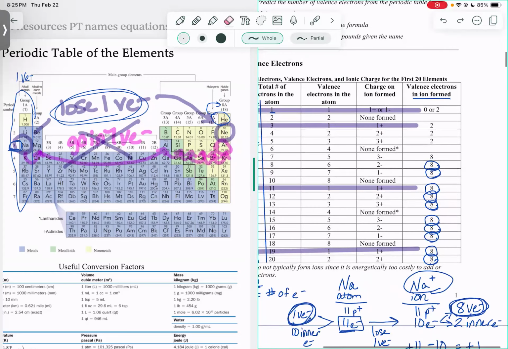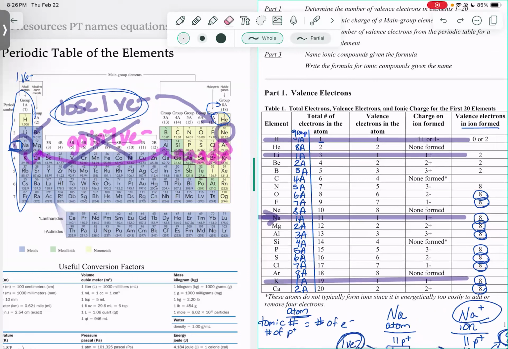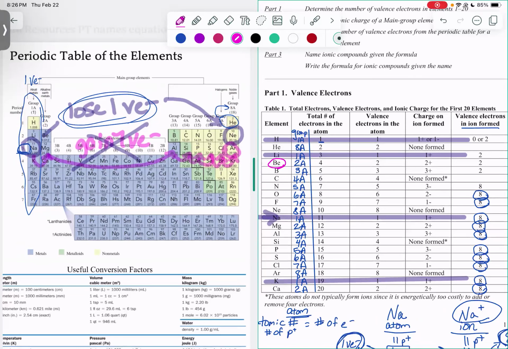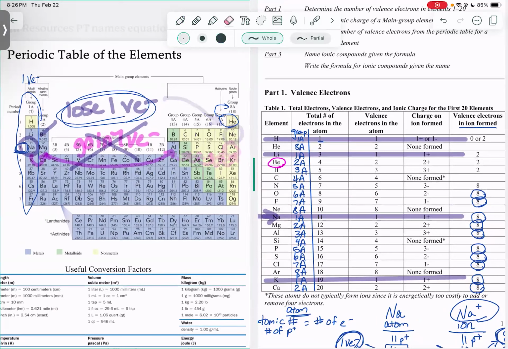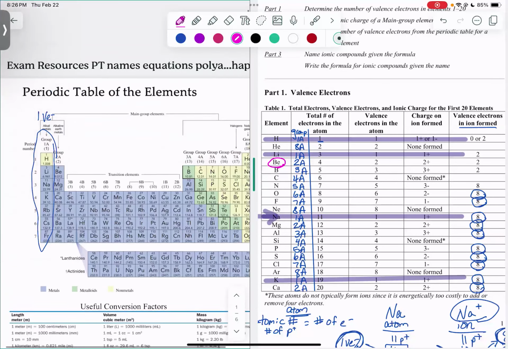But sodium wants to get 8, but these other smaller ones, so let's take a look at beryllium here. So if we find beryllium, I've got to clean this up, huh? Okay, so if we find beryllium, okay, oops.